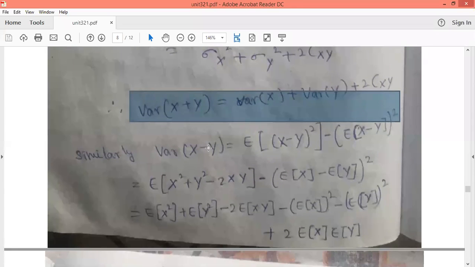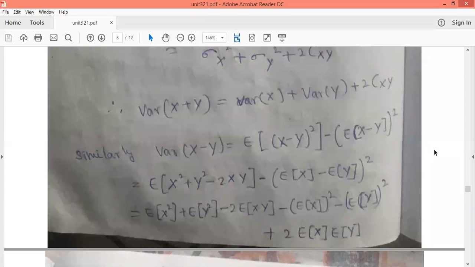Similarly, variance of x minus y is given as expectation of x minus y whole square minus expectation of x minus y whole square. This is the formula for variance of x minus y. The same procedure will be followed here.